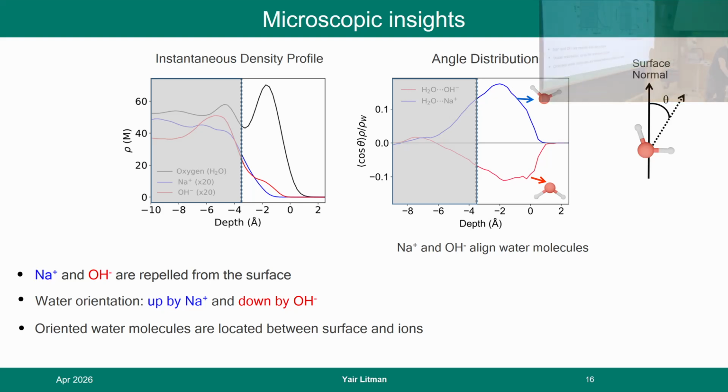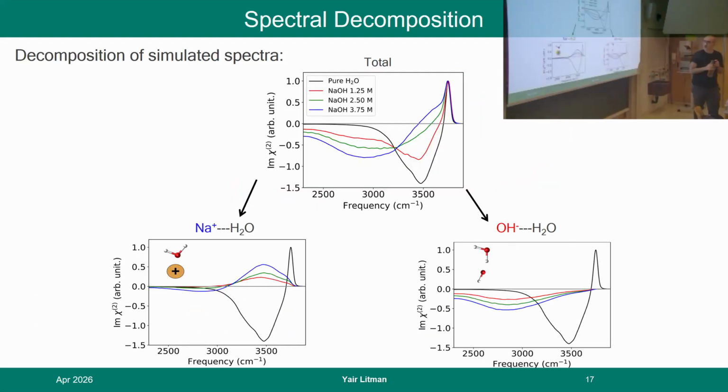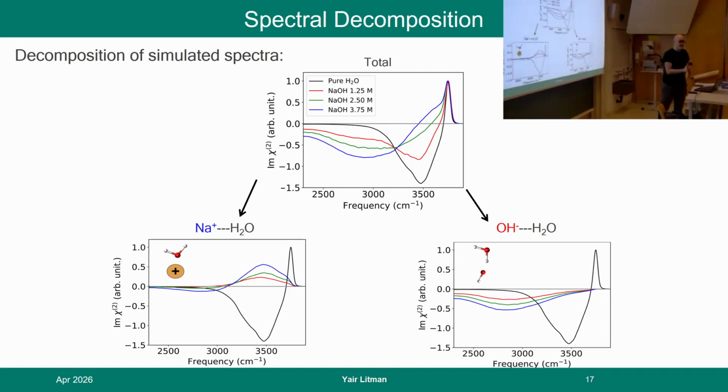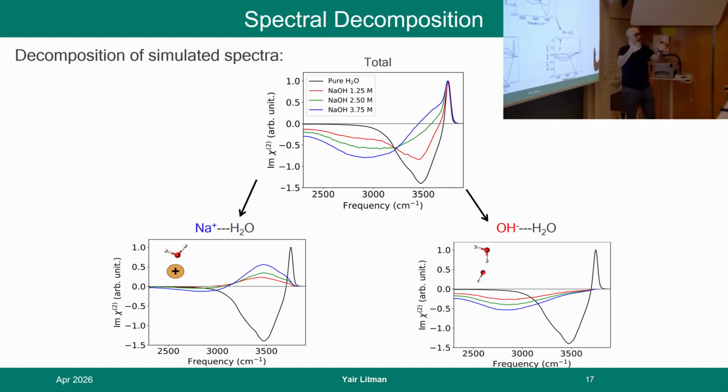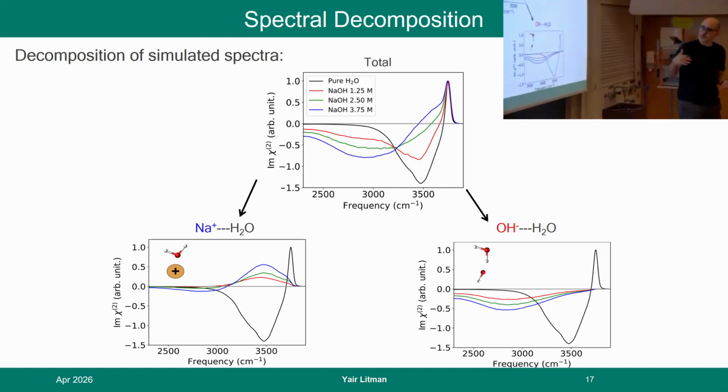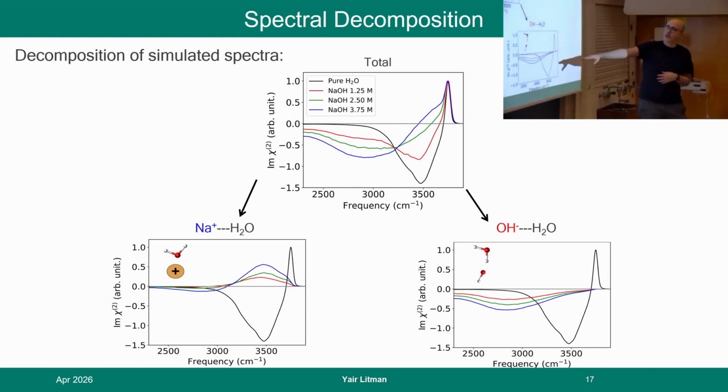Another interesting thing we can do with simulations, which in experiments is impossible or much harder to do, is dissect the spectrum. I can take my signal and separate whatever comes from waters next to sodium and waters next to OH minus. If you do that, you have the decomposition here on the bottom, and you see that water next to sodium appears on the 3500 peak, and it increases with concentration, becoming more positive.